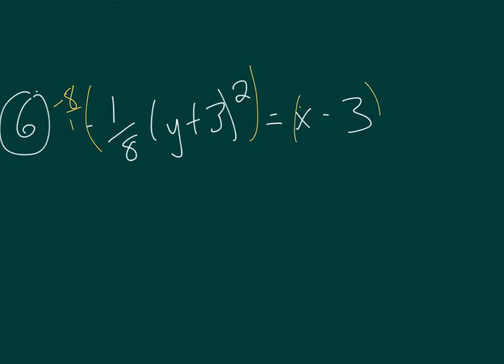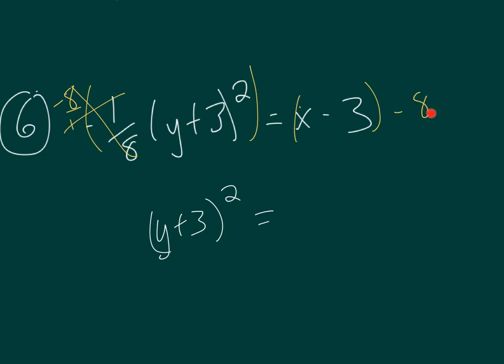Whatever I do to one side, I need to do to the other side. This cancels out nice and neat, and we can bring down the y plus 3 squared on the left.